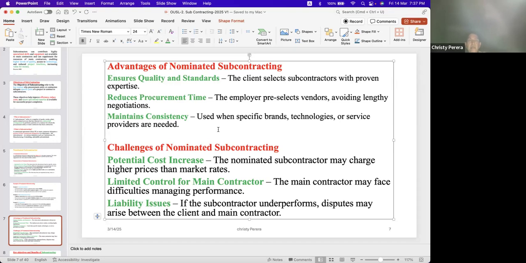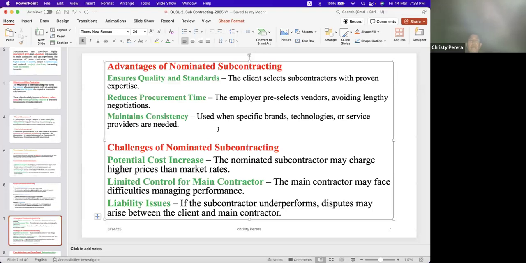The main contractor may face difficulties managing performance. In that case, the nominated contractor's work performance, the main contractor might have some problems. He might face some difficulties. Liability issues.